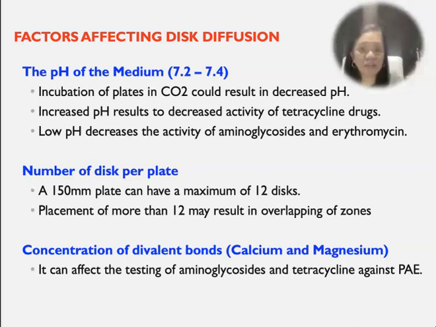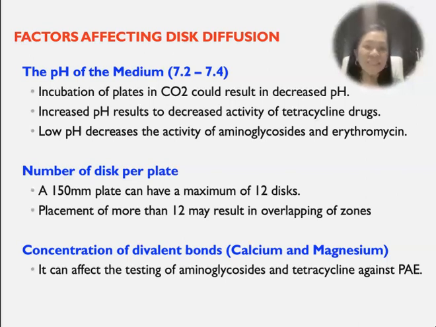Okay? At if there is exposure to tetracycline drugs, okay, this may lead to, no, if there's increase in pH rather, no? So kung naging alkaline, okay, nasisira yung tetracycline drugs. Okay? So hindi siya maganda para sa mga antibiotic natin containing tetracycline drugs. Okay?